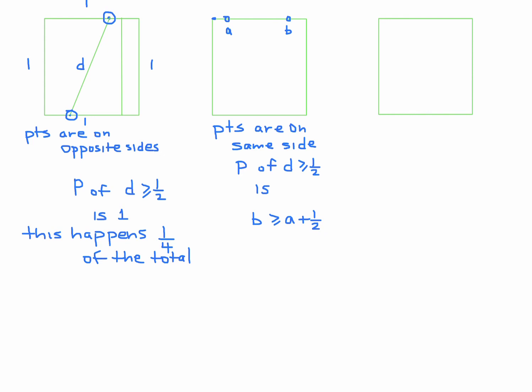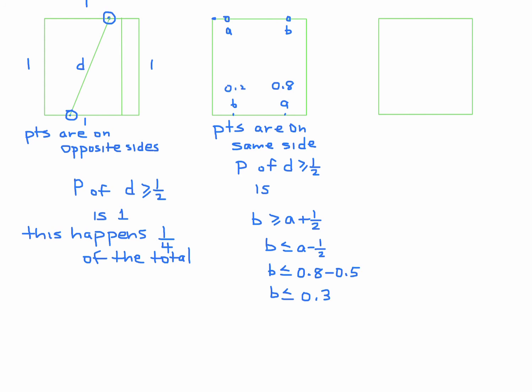So that's where we get this inequality. Another inequality is the opposite. If we reverse the conditions, we could have B less than or equal to A minus a half. So for example, if I put A here, they're on the same side, and B is here, and A is 0.8, then B has to be less than or equal to 0.8 minus a half, which is 0.3.